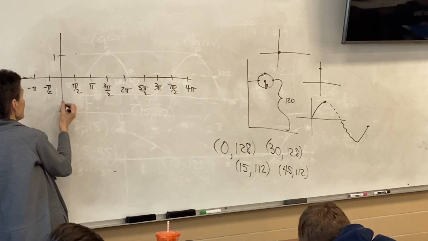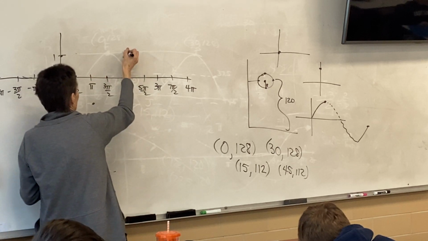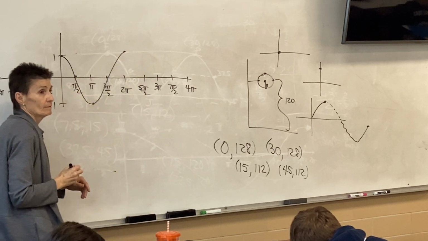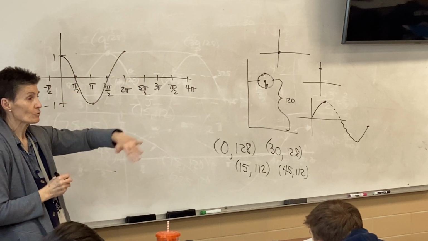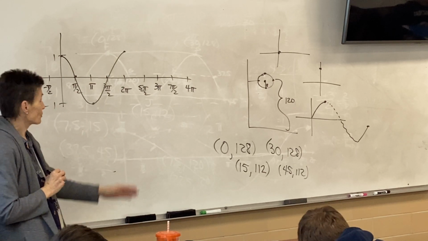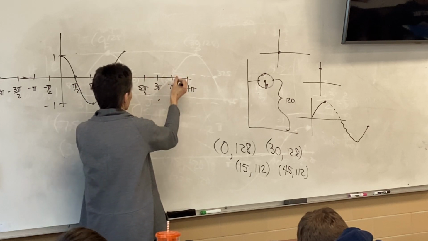You have already sketched this much of the cosine. That's what we took off the first revolution of the unit circle. That's your cosine. So what happens in the next period? Same thing.